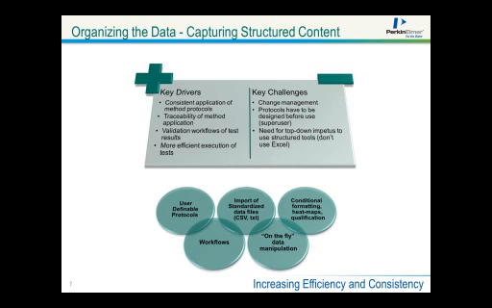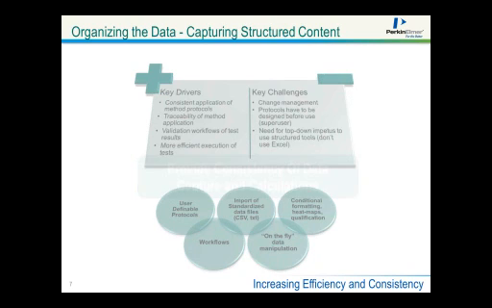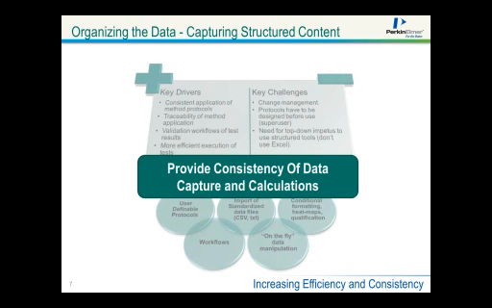So it adds risk to your organization. So this world is really driven by a quality need to have traceability back that the tests were executed in a similar fashion every time, and you can compare like to like as you're comparing those numbers. So it's really around consistency of the way the data is captured and how the subsequent calculations are performed on that data.